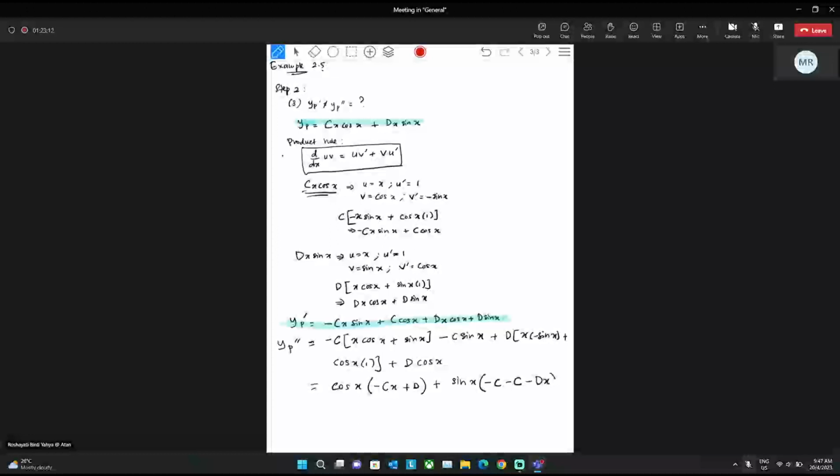Adam, yes. Yang cos tu tambah 2D rasanya. Yang cos x, 2D. Sebab yang D darab cos x lagi kan? Yang cos, sebelum tu terms tu yang D. Oh, ya. Ini macam plus D, right? Macam gini tertinggal. Betul. So nanti you ni step by step kat sini lah. So negative C. Thank you.